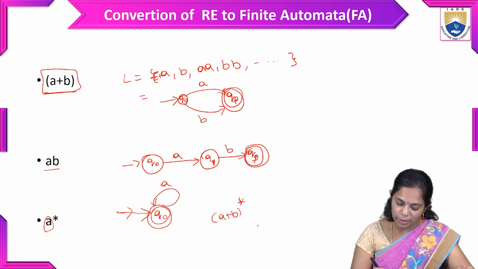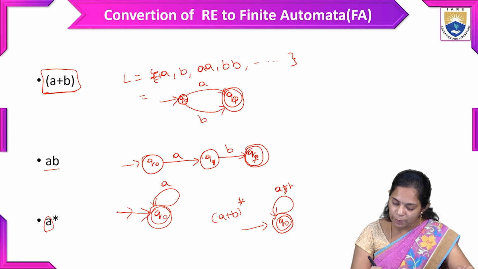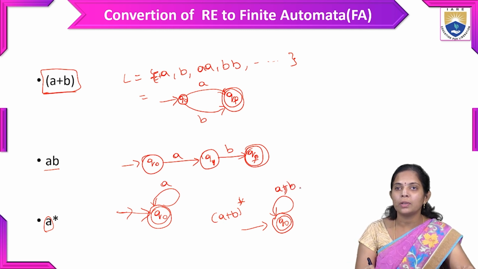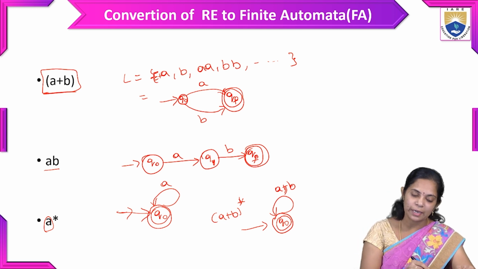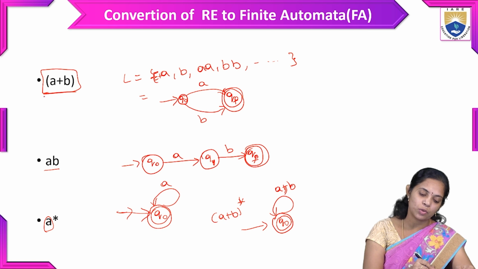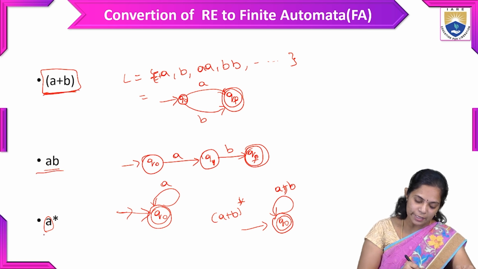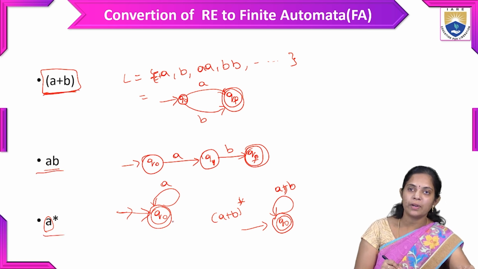How do we write a plus b whole star? The same thing: we take the initial state and final state as the same, and we give the two input symbols at a time. So a plus b, I write as a comma b. This is how we convert regular expressions to a finite automata. For every regular expression, if you see this kind of expression, we write this finite automata.